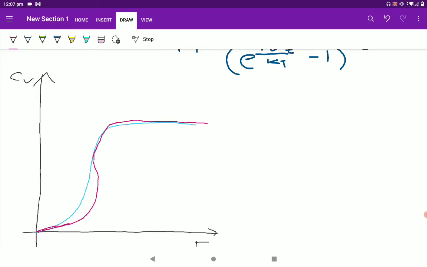This point where both curves are equal is the Einstein temperature.